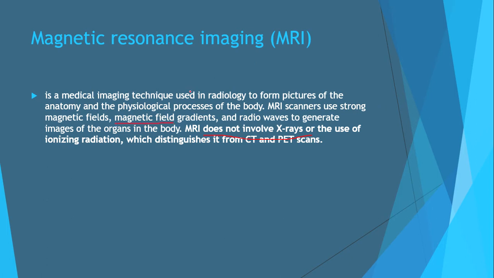So if a patient with metal in his body goes through magnetic resonance imaging, it can explode. A metal prosthesis can burst some parts of the body of the patient, and it hurts a lot. So it's prohibited to use magnetic resonance imaging for a patient with metal in the body.